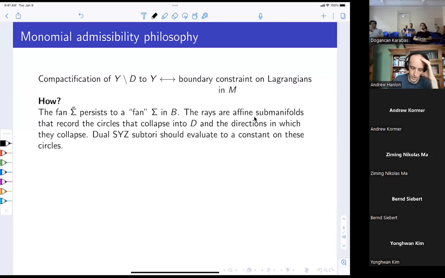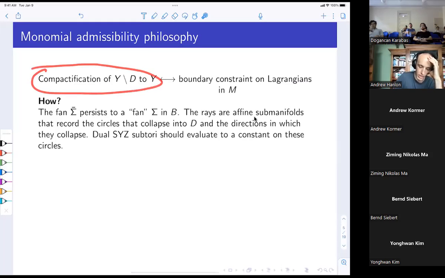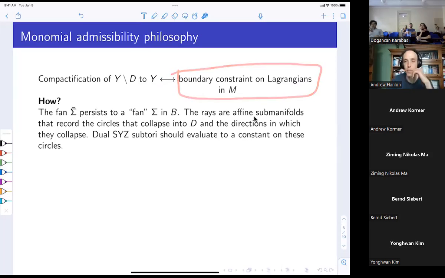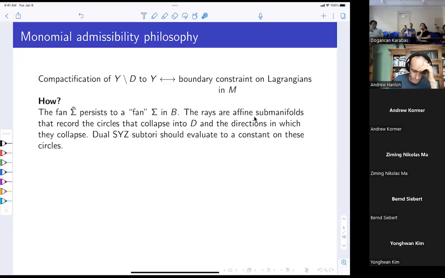Well, this is nothing new, but what we generally think of in this log Calabi-Yau type story in mirror symmetry is that for the compactification of Y minus D to Y, you should still think about Lagrangians in the mirror to Y minus D, in this M, but you should put some boundary constraint on them. So what the monomially admissible point of view does is keep the SYZ philosophy at the forefront and just follow what that should say.